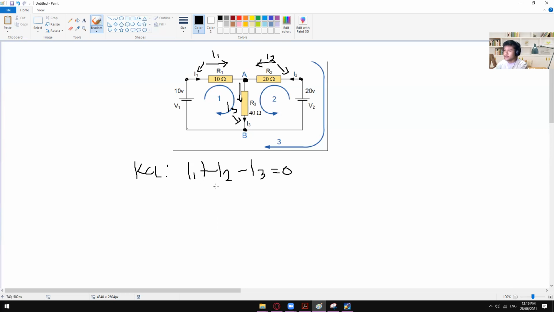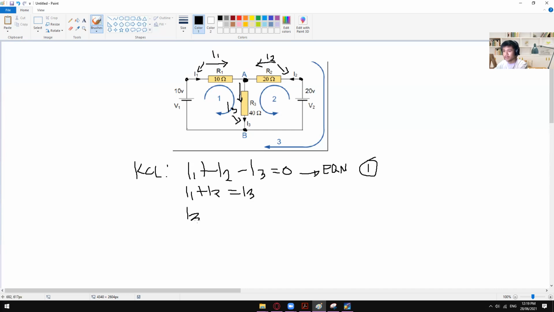In this equation, this is our equation number one. We can actually come up with a simplified version, wherein we transpose this negative I3 to the other side. So we could have I1 plus I2 is equal to I3 instead, just to eliminate that 0 right here.